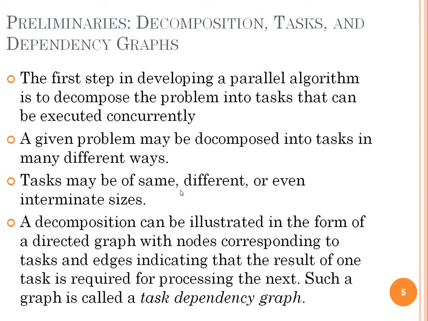Tasks may be of same size, different type or some even intermediate size. A decomposition can be illustrated in the form of a directed graph with nodes corresponding to tasks, and edges indicate that the result of one task is required for processing the next. Such a graph is called as task dependency graph.